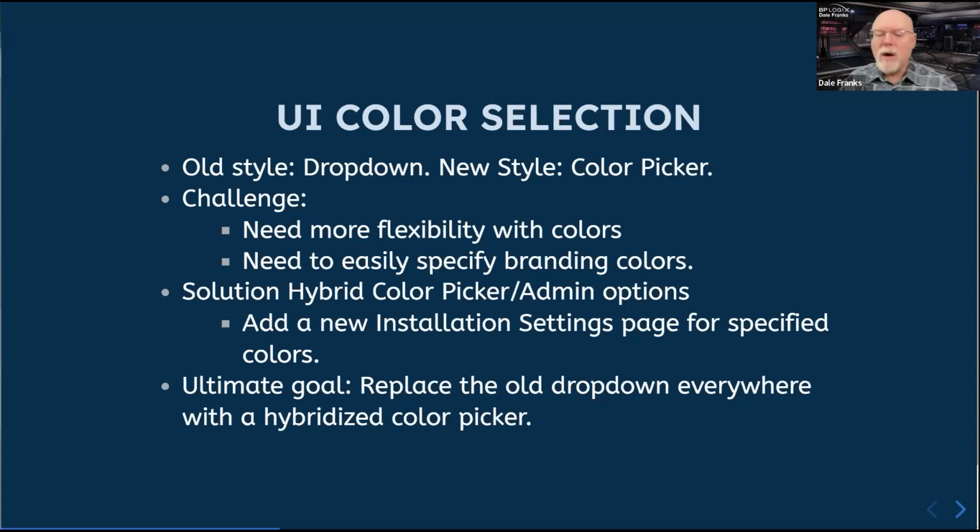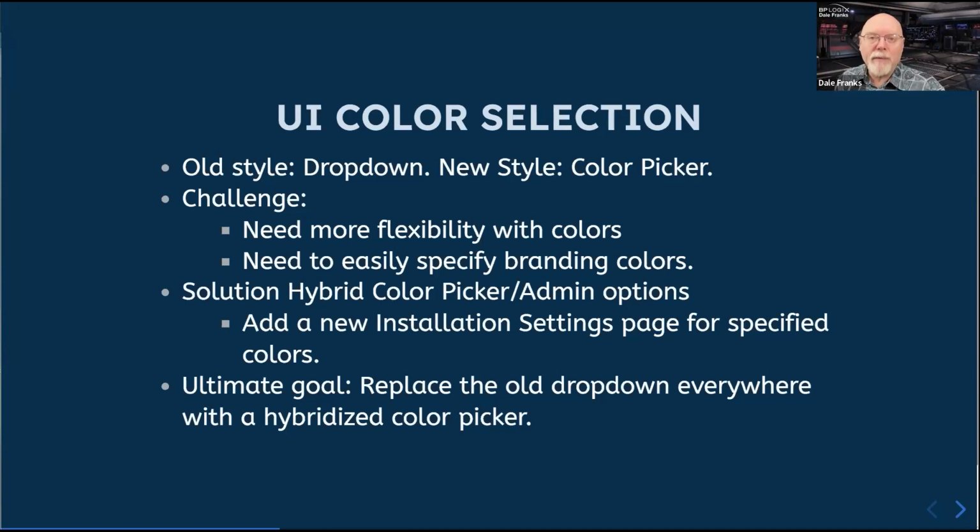So we're thinking of adding a new installation settings page so that you can specify some colors. Now, I don't know if this is going to be an unending list where you can add as many colors as you want, or if we're just going to give you the option to specify a specific number of colors, let's say 5 or 6 or 8 or whatever it may be.